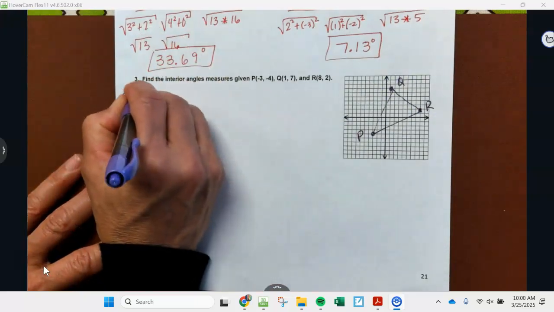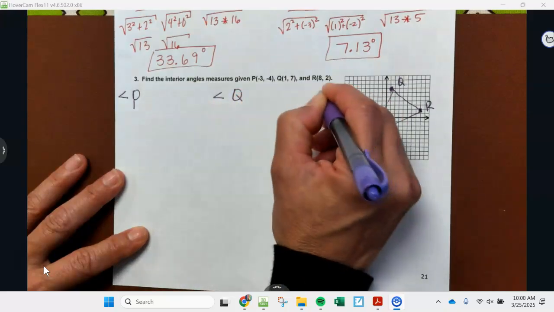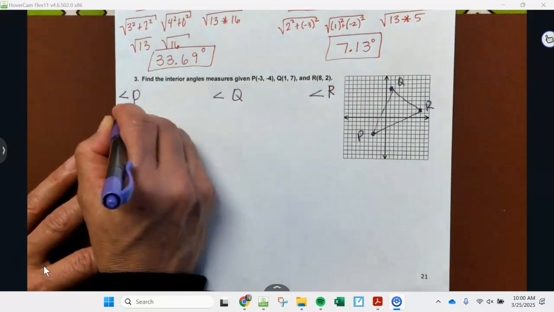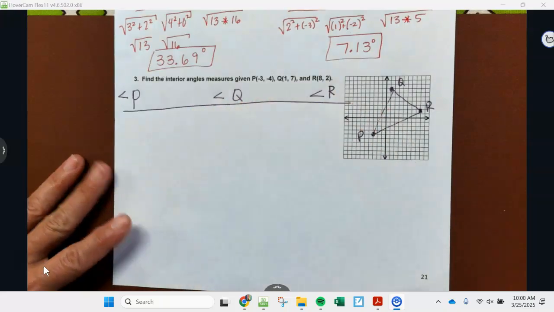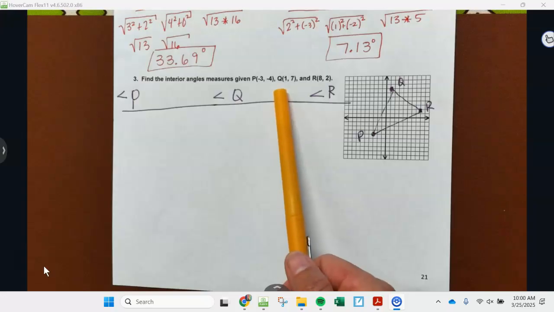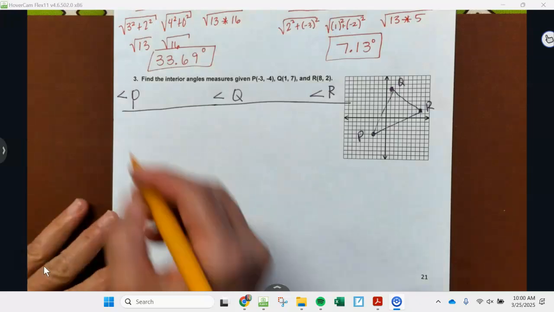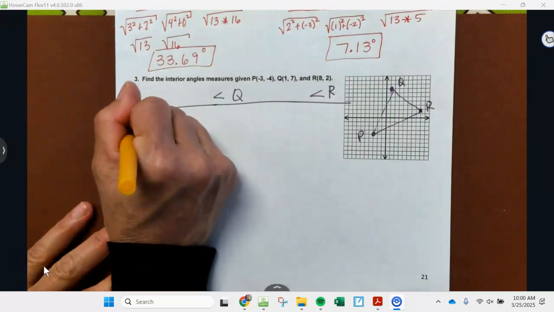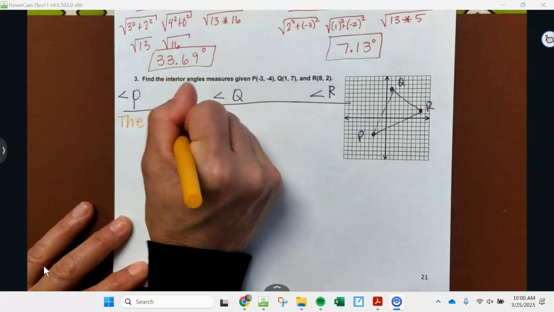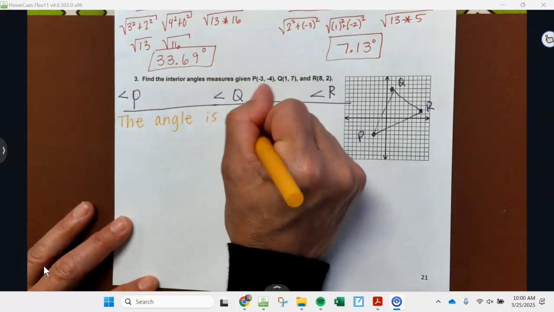So we're going to find angle P, angle Q, and angle R. When we find these angles, if you notice, guys, these were ordered pairs. They're not vectors. We have to find the vectors. So when we find the vectors, the angle is the initial point. I'm just going to write that. The angle is the initial point.